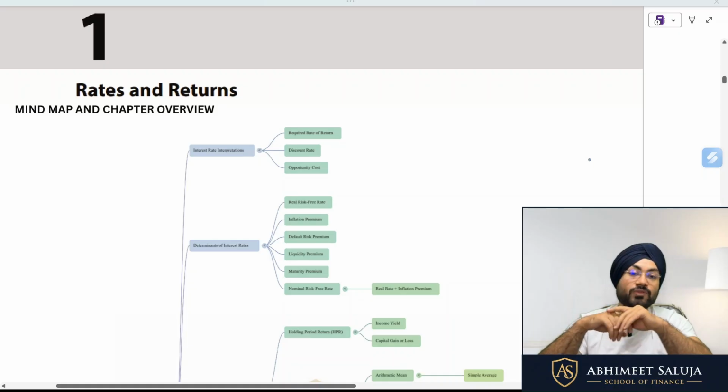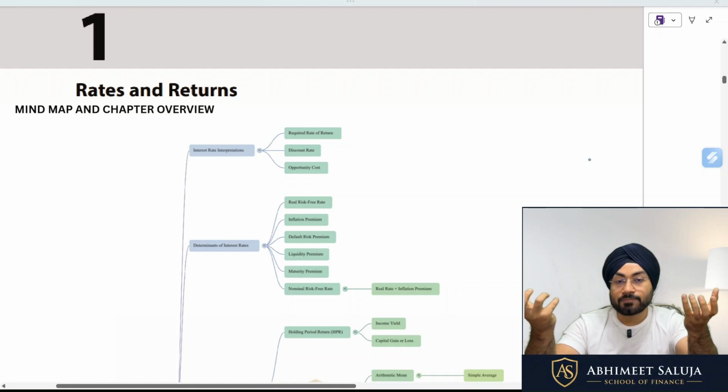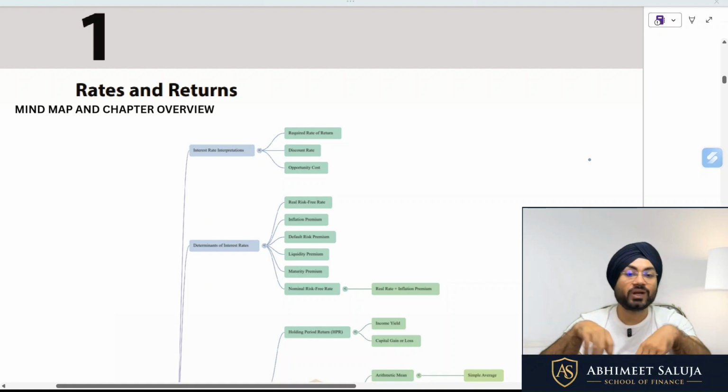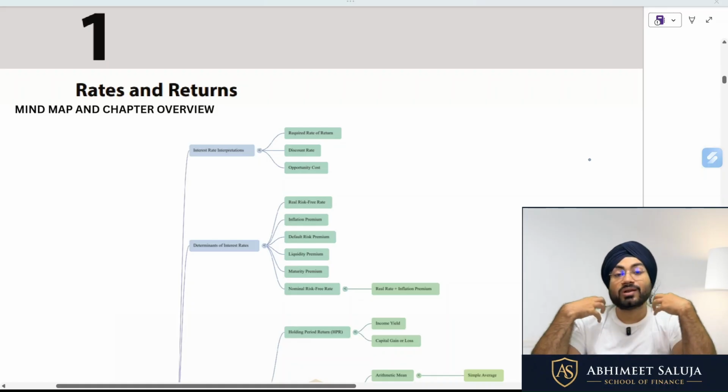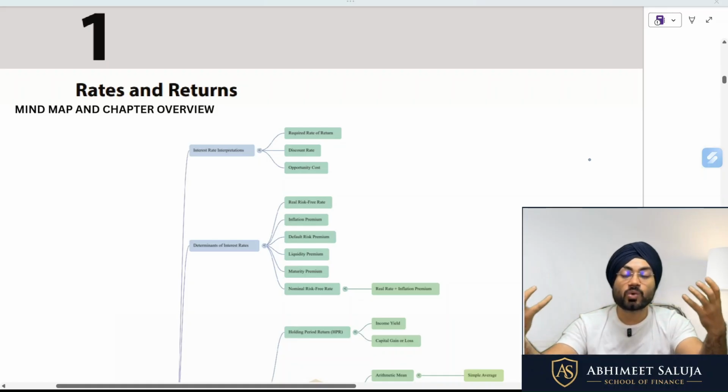Mark that topic or question in your PDF, click a picture of it and send it to the doubt solving number, and I'll personally make sure that doubt gets resolved for you.